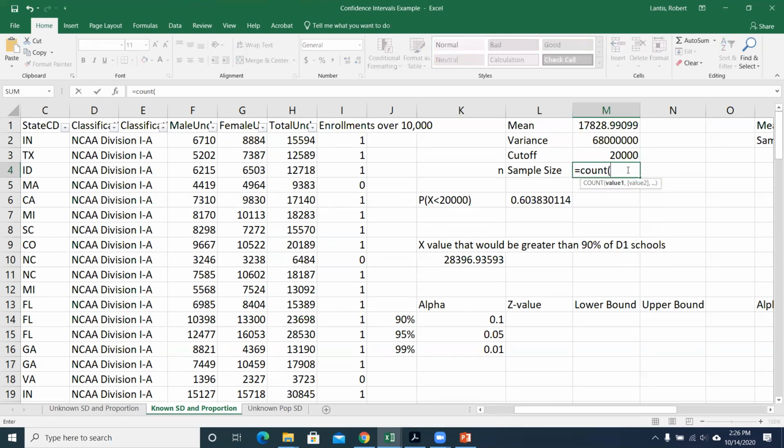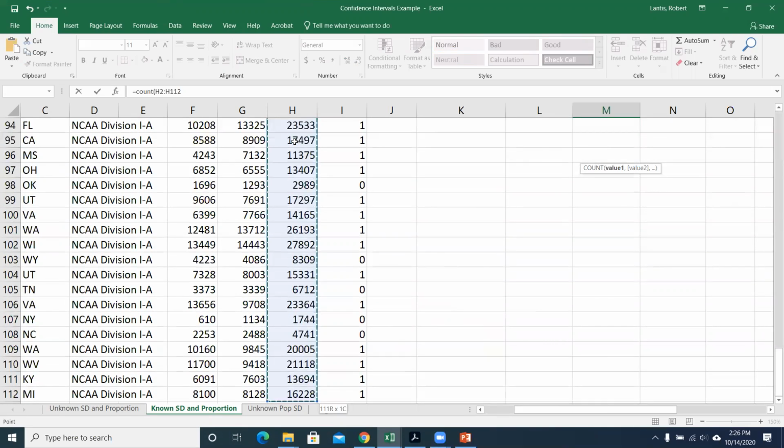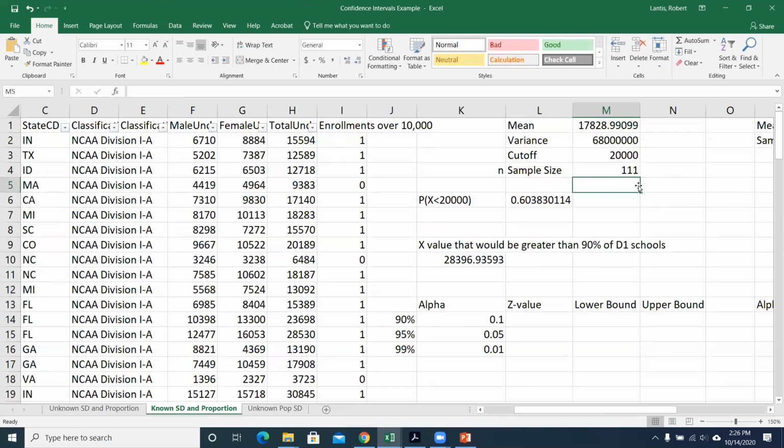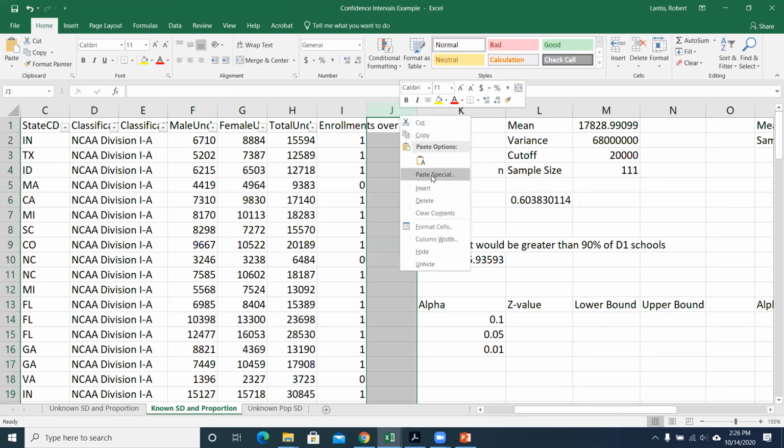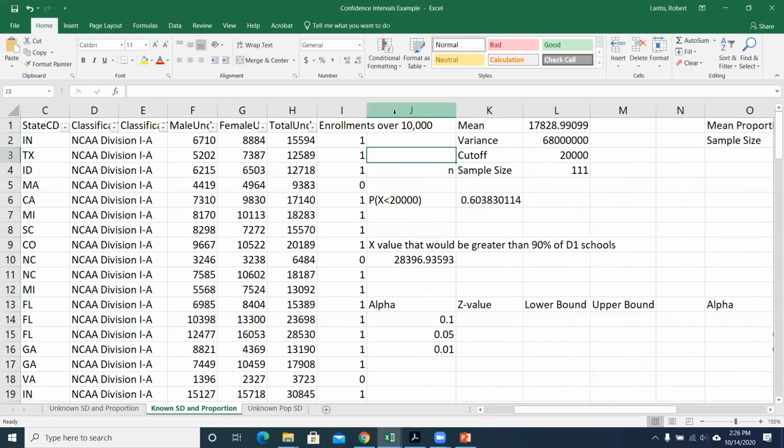We then can use the count function to count our total undergraduate variable. It's just going to count the cell if it has any value in it, and so that should return to us our sample size, or n. I think if you download the file, this originally wasn't there. That's our sample size. I also believe the original one, I did this for the other class and I accidentally saved it earlier, so I apologize.